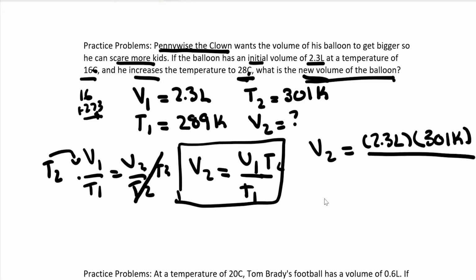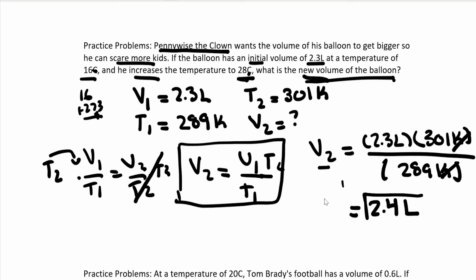Over T1, which as we mentioned earlier is 289 kelvins. The units of kelvin are going to cancel out, which means our answer is going to be in liters, appropriate for volume. If you do the calculation here, you'll get approximately 2.39, which we're going to round to 2.4 for significant figures. So 2.4 liters is going to be our answer here.